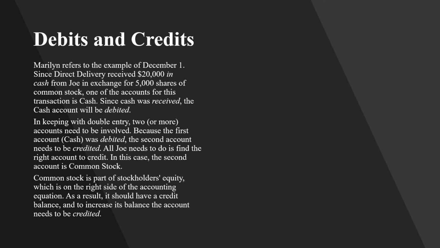Because the first account, cash, was debited, the second account needs to be credited. All Joe needs to do is find the right account to credit. In this case, the second account is common stock. Common stock is part of stockholders' equity, which is on the right side of the accounting equation. As a result, it should have a credit balance, and to increase its balance, the account needs to be credited.